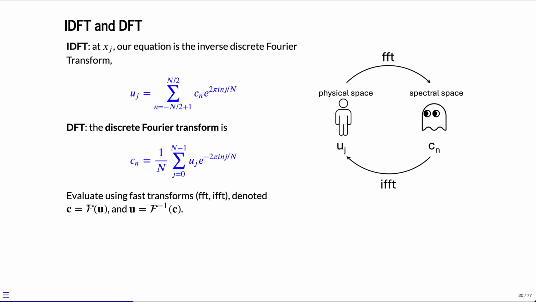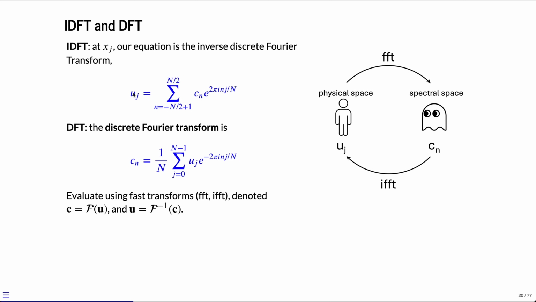So we'll denote these as u is the inverse Fourier transform of the coefficient c, and c is the Fourier transform of u, denoted by f and f inverse. We can think of these u's as our function in the physical space.